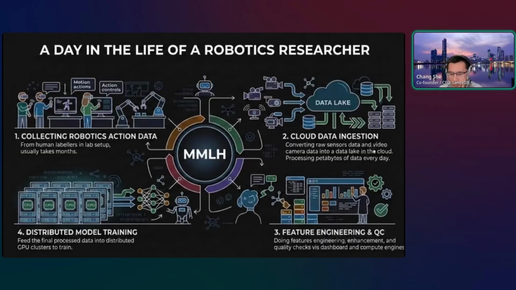To understand what that looks like, we can talk about the day in the life of a robotics researcher. If you're at an AI lab, a new smaller multimodal lab, or a physical AI company, a lot of the day to day is going to look the same. For physical AI, we start with collecting the actual data: action data that comes off the device with human labelers in a lab setup.